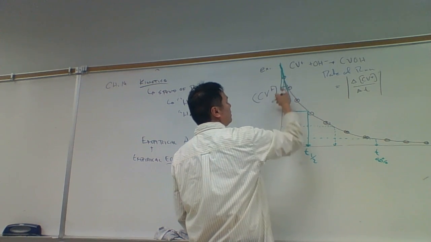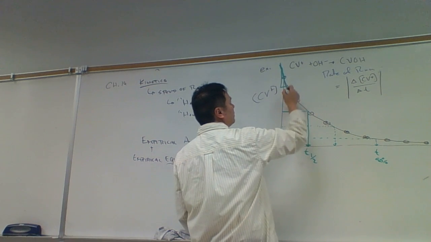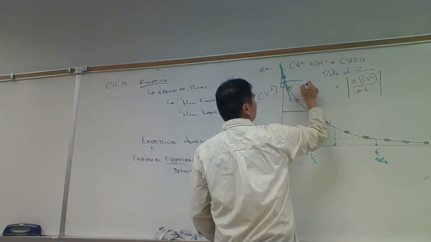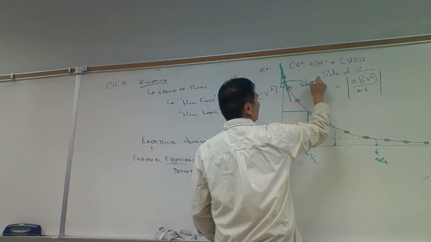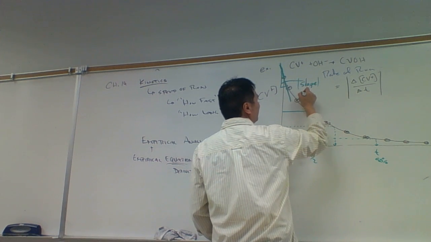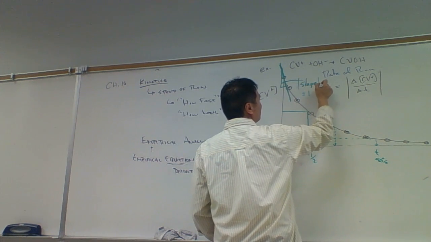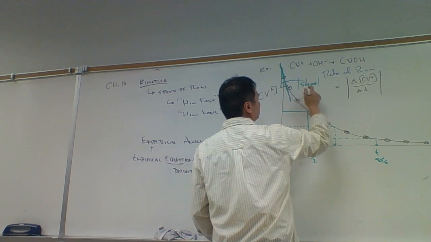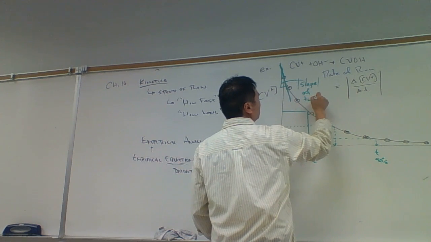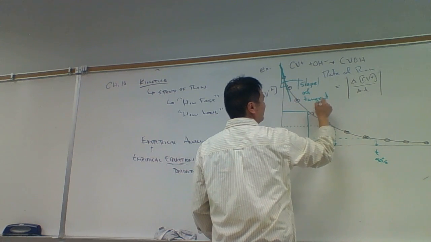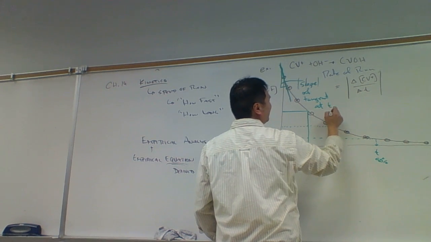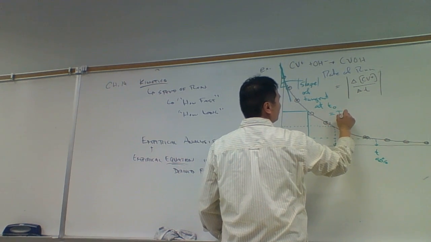Then we'll get our delta y over delta x. And the absolute value of the slope of the tangent at t0 is equal to the initial rate.